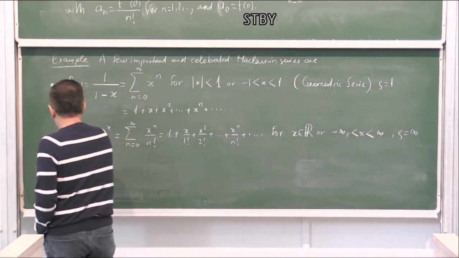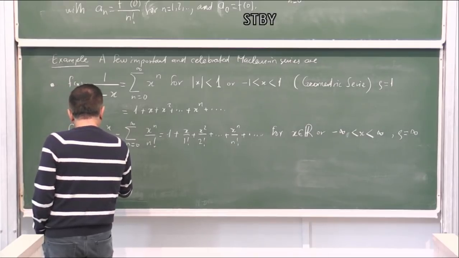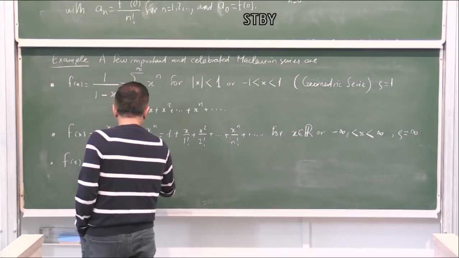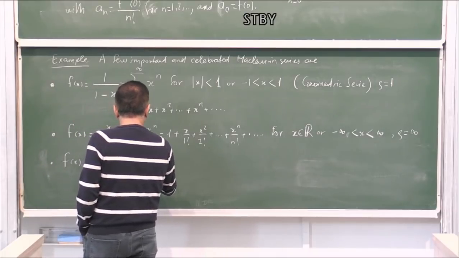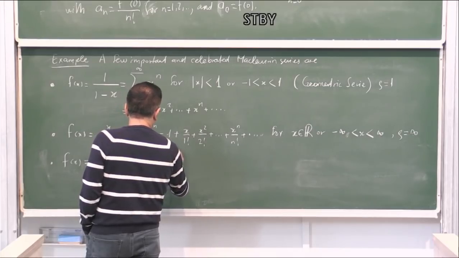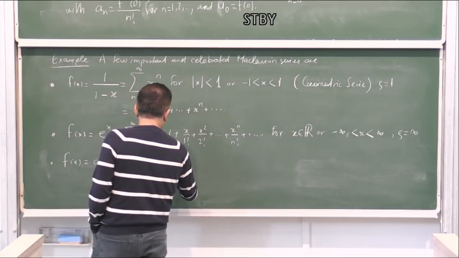Or this one is very well known also, cosine x, the sum from 0 to infinity of minus 1 to power n x to power 2n over 2n factorial.